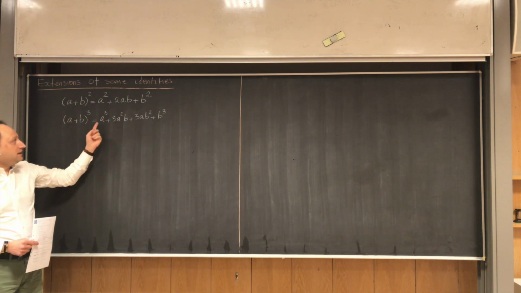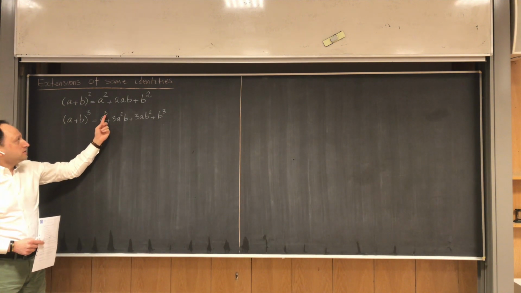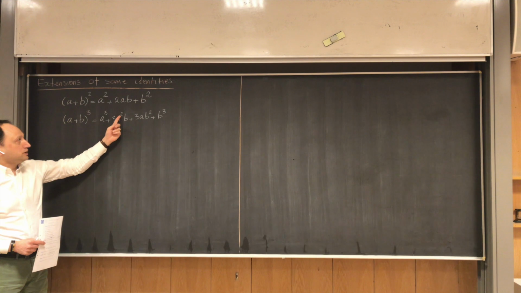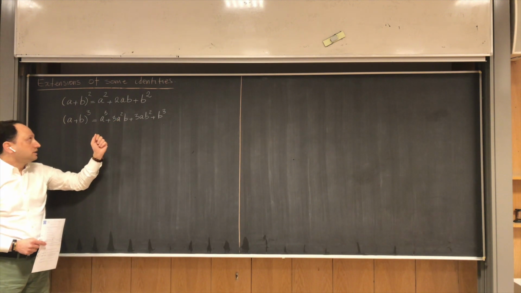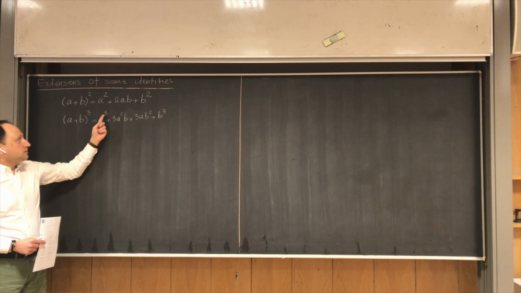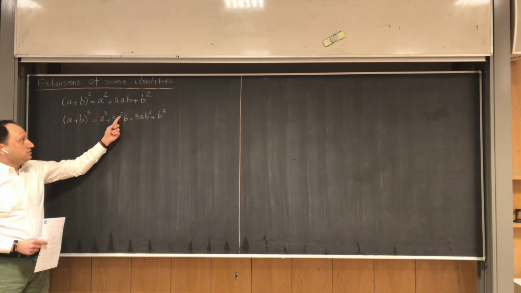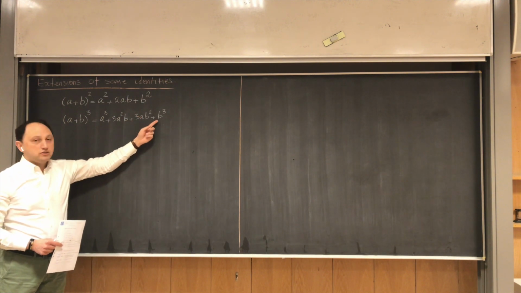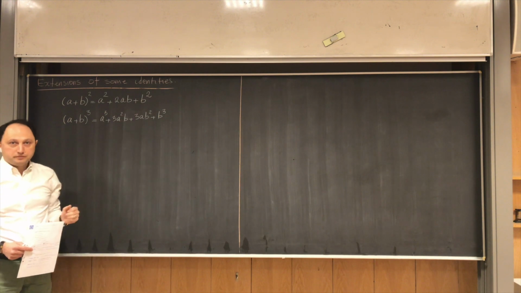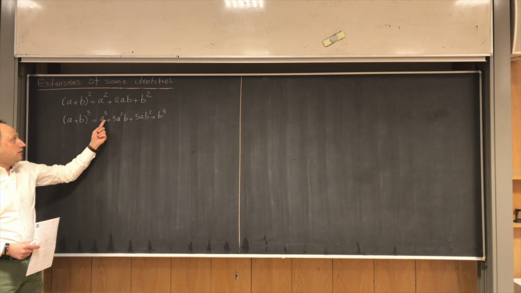But then at each step, the exponent of a is reduced by 1 unit, and the exponent of b is increased by 1 unit. So here, the exponent of a was 3. In the next step, it is a to the 2. In the next step, it is a to the 1. And in the next step, it is a to the 0. Yes? The exponent of b was 0 here.